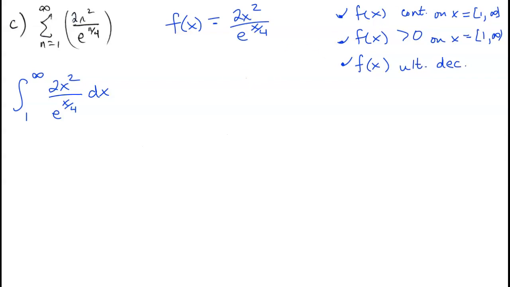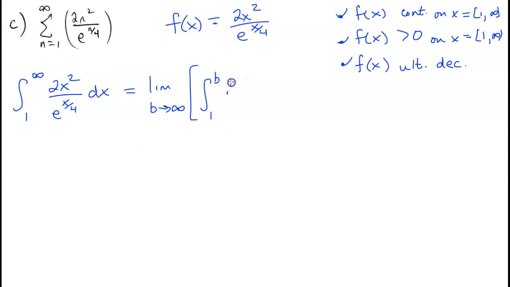So for this integral, of course, we would have to do the limit. And since this is the upper limit, we'll say the limit as b approaches infinity of the definite integral from 1 to b.